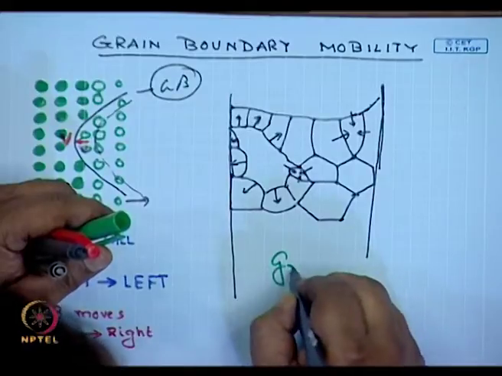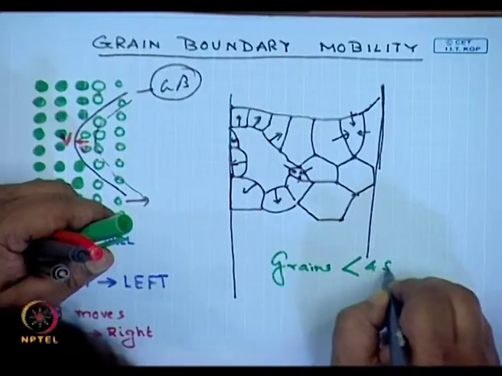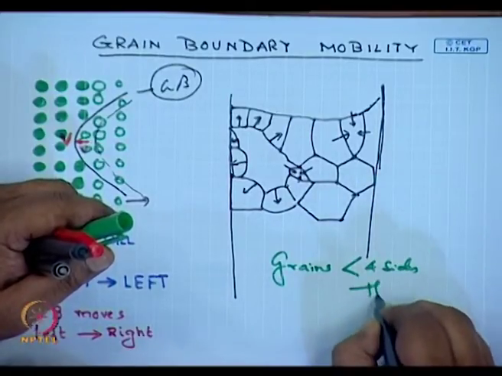So, 3 sides, 4 sides, 5 sides, 6 sides will be there, depending on how things fracture, how the powders are produced. When we have packed them in a die and we are heating it, I brought this up to explain how grain boundary moves. What we see always is grains which have less than 4 sides, they collapse.